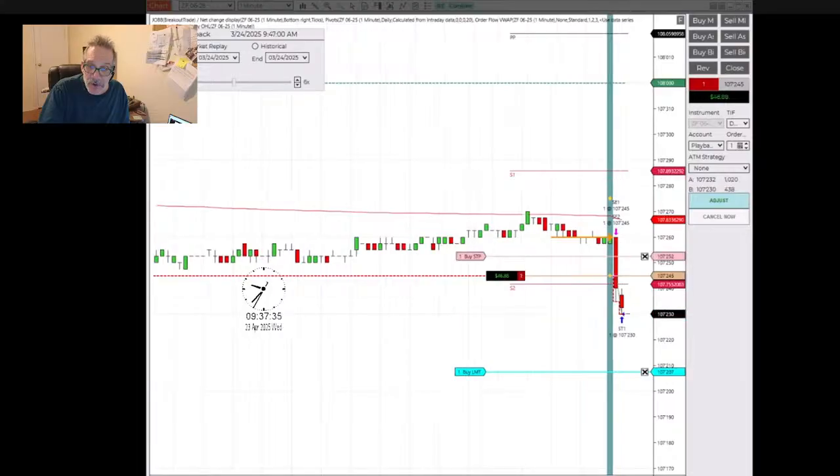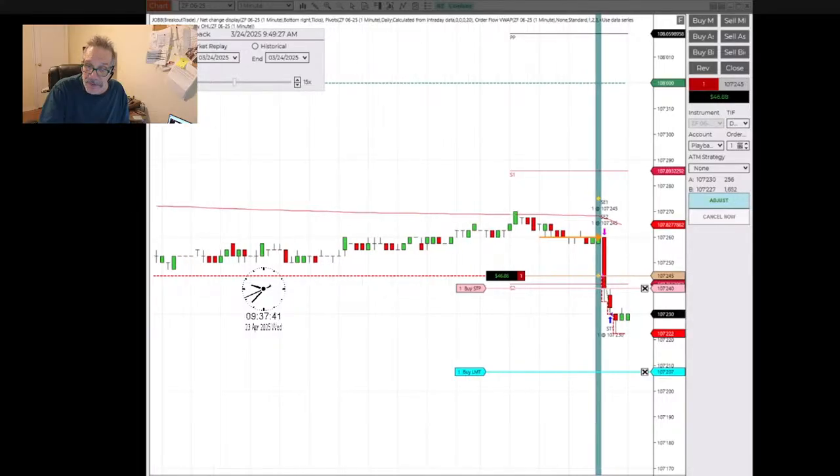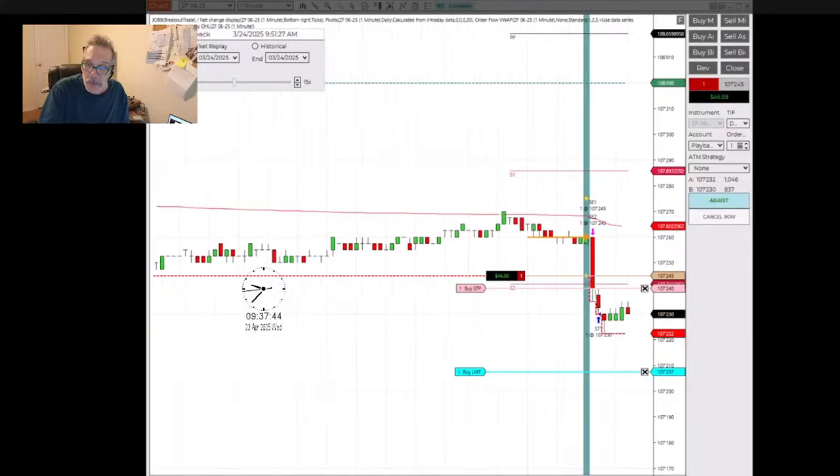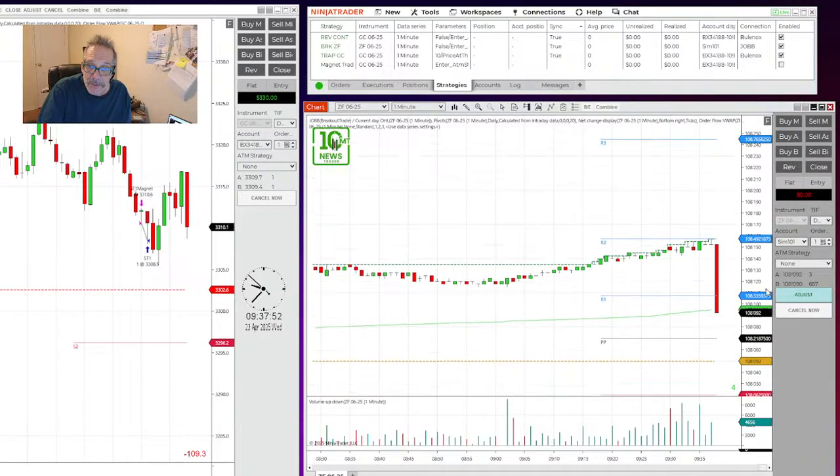Remember that first target is only 6 ticks. It's not a huge target. So it basically hit target one. Market open, bonds. Now, something must have just been said.